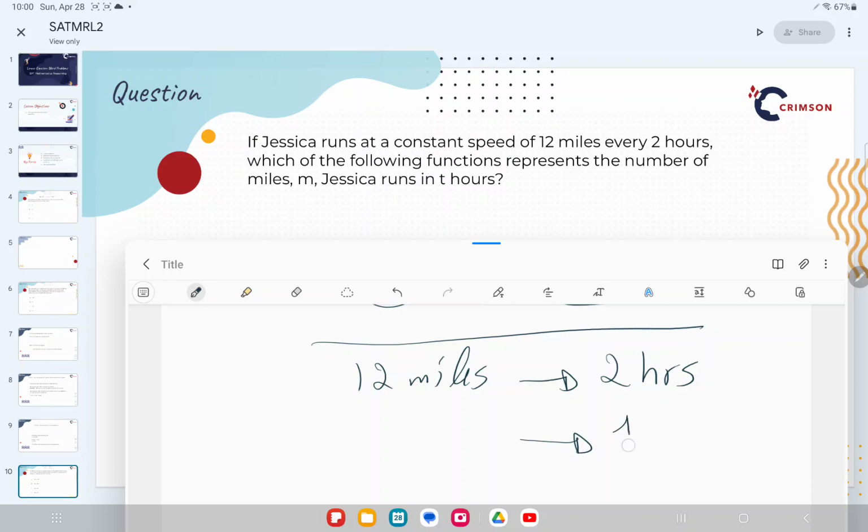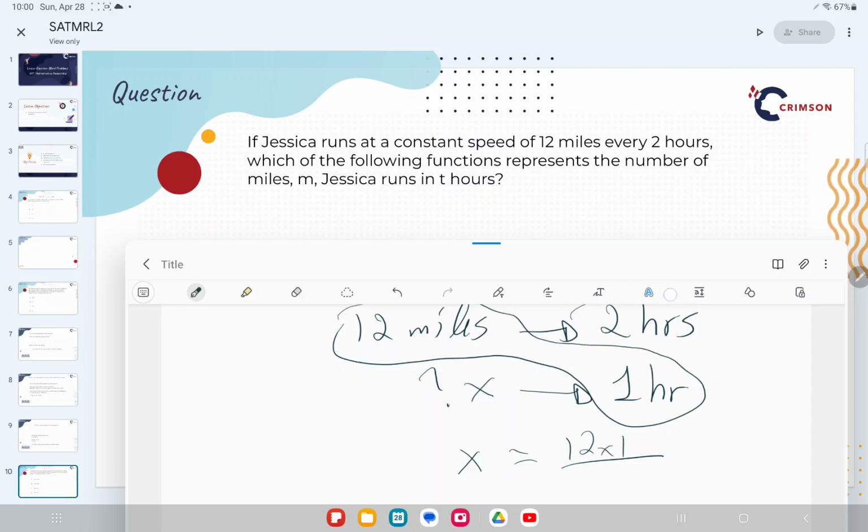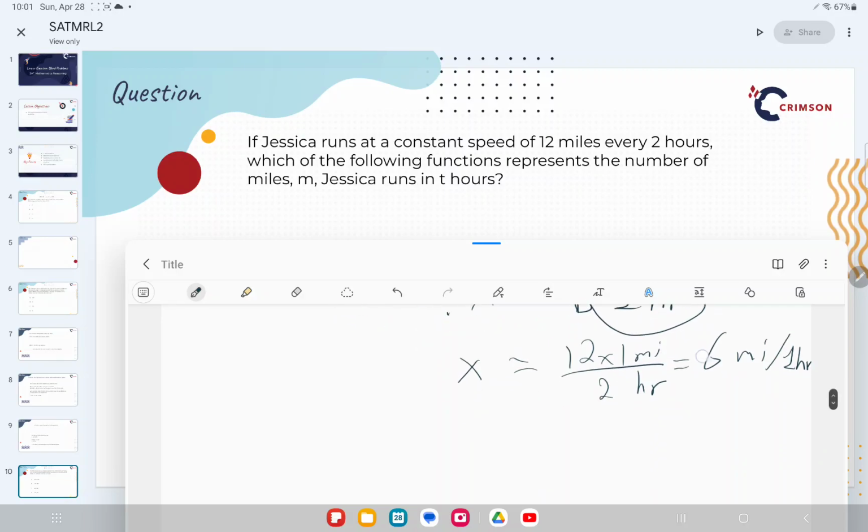If I want to know how many miles in 1 hour, x is equal to 12 times 1 over 2, which is 6 miles, because this is miles and this is hours. So she went 6 miles in 1 hour.